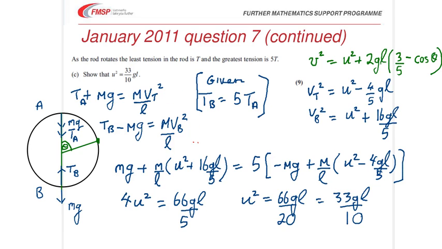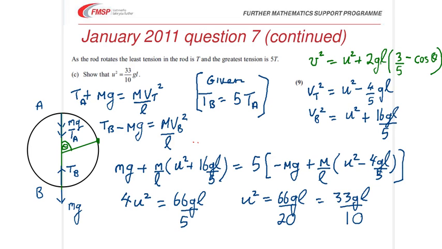You might like to pause the video and just check those two equations. That's the force towards the center equal to mv squared over r at the top and the bottom. When you're ready to carry on, over on this right hand side, I've used the v squared equation to work out v squared at the top and the bottom. Theta equals 0 at the top and 180 at the bottom.